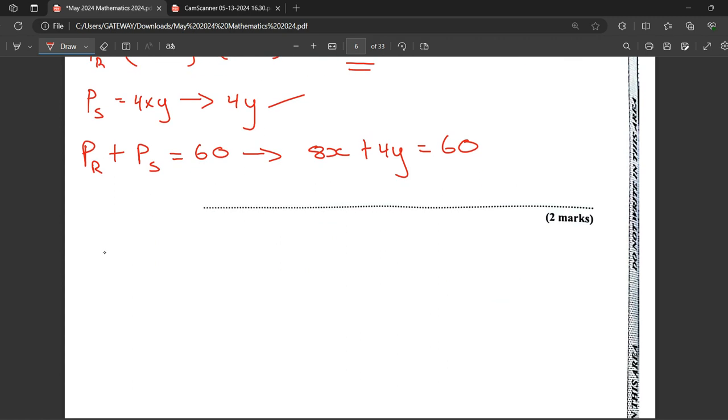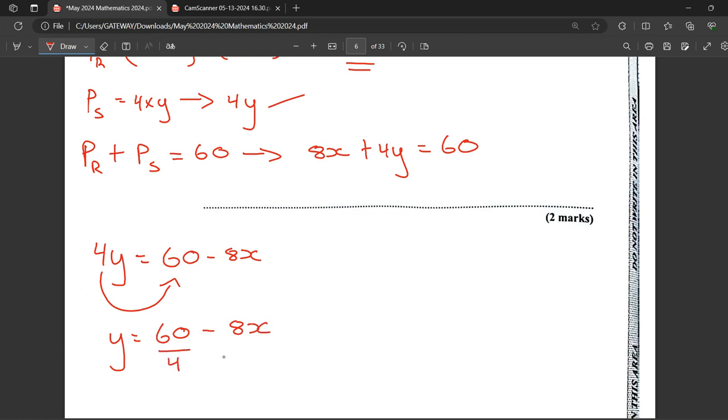I'm making 4y the subject of the formula: 4y is equal to 60 minus 8x. But if I want to solve for y, I have to divide each term by 4. So y is equal to 60 minus 8x, and I have to divide each term by 4 there.